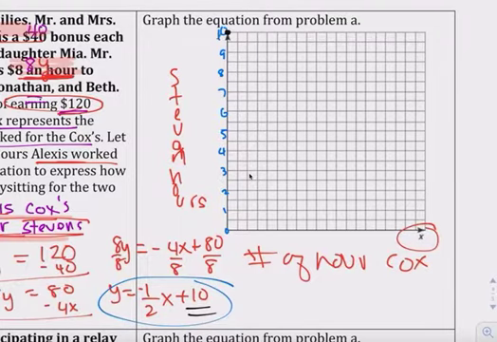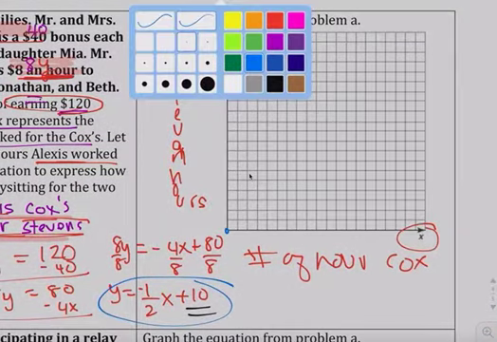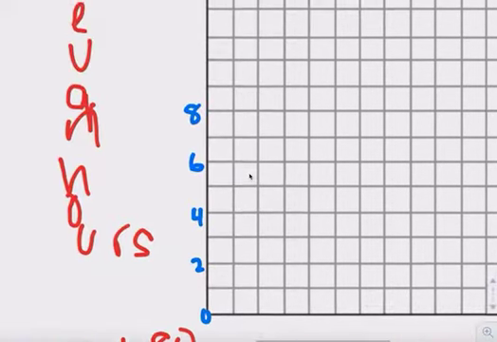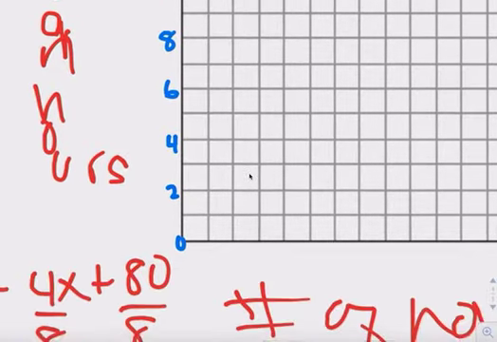0, 10. Go down 1 over 2. Right there. Okay, I'll just number it the way you have it so it looks the same as yours. So you'd have 2, 4, 6, 8, 10, right? You number the same way here.